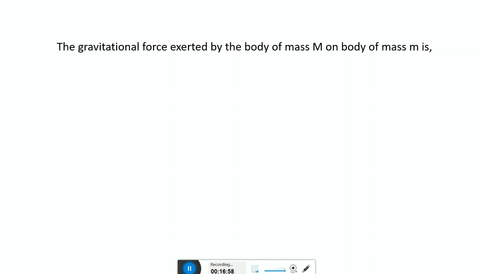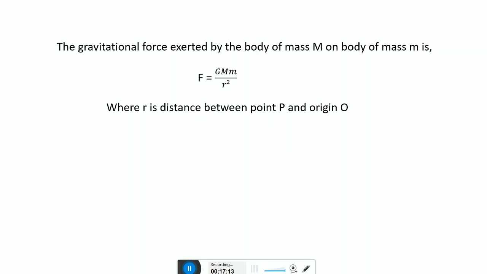The gravitational force exerted by the body of mass capital M on the body of mass small m is F is equal to GMm by r square. Putting value of F, we get dW is equal to GMm by r square dr, where r is distance between point P and origin O. G is gravitational constant, capital M is constant, then small m is also constant.